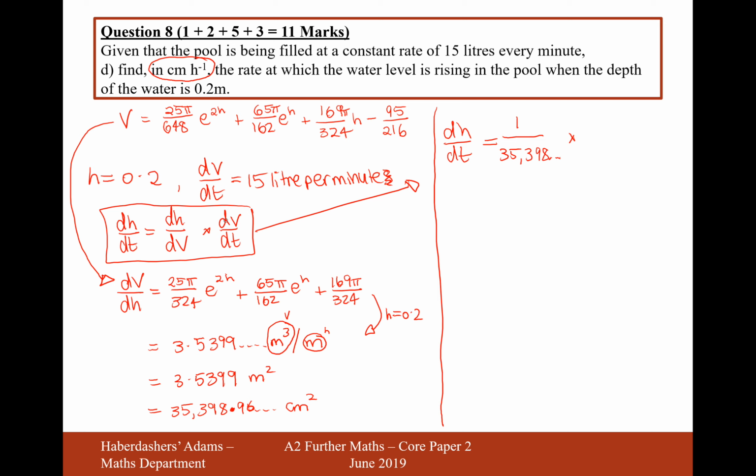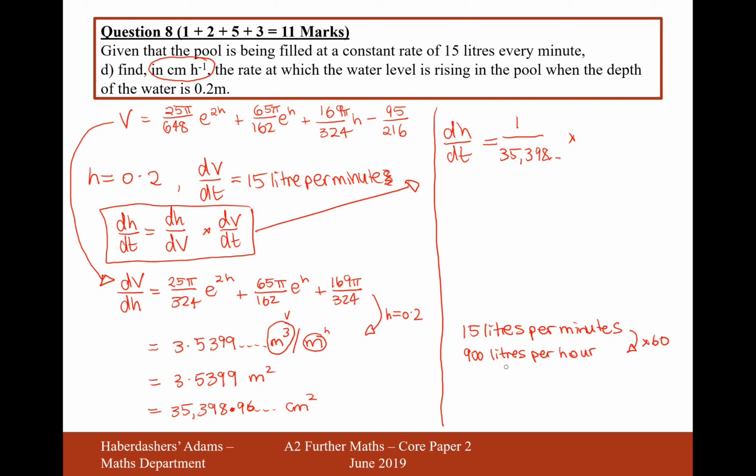Now for the next bit we need dV by dt. At the moment the unit is 15 litres per minute. Okay, and we want to now convert this into centimetres cubed per hour. So let's convert it into the per hour bit first. 15 times 60 is 900, so 900 litres per hour.